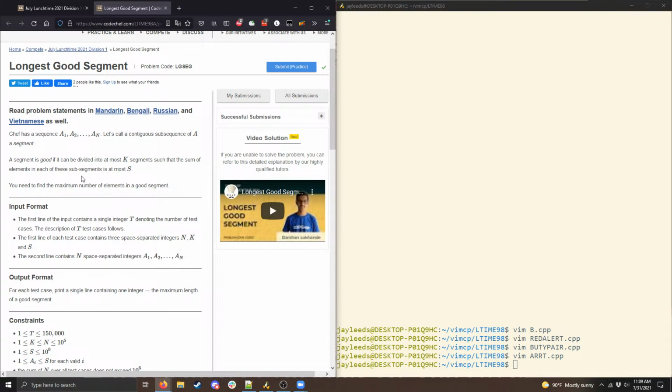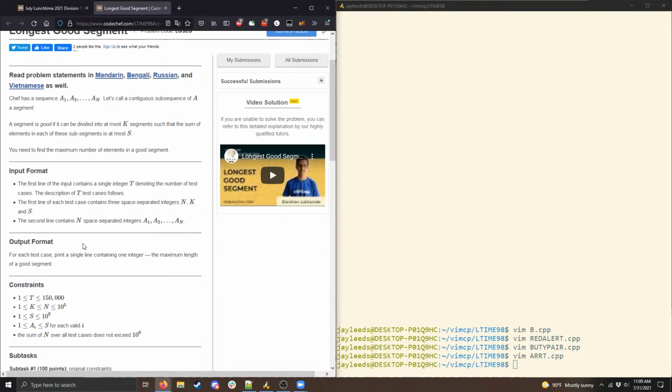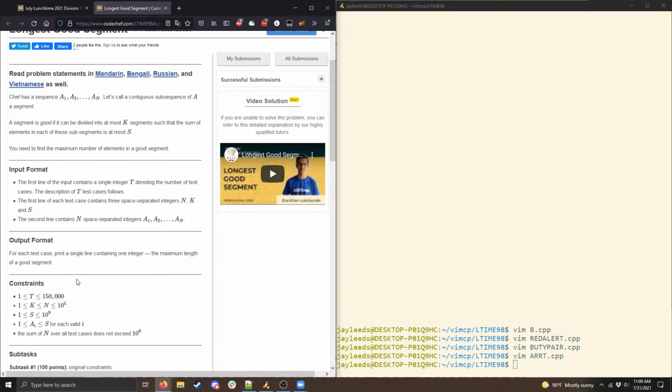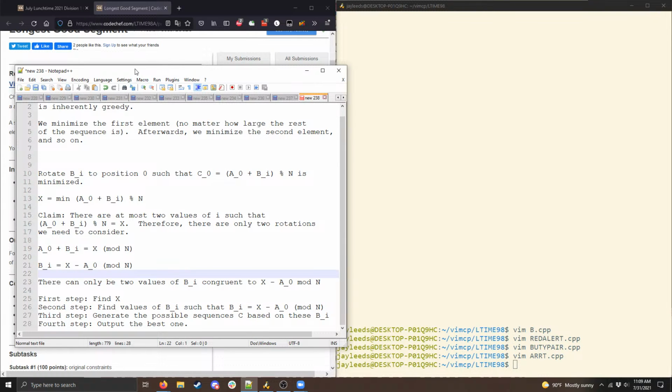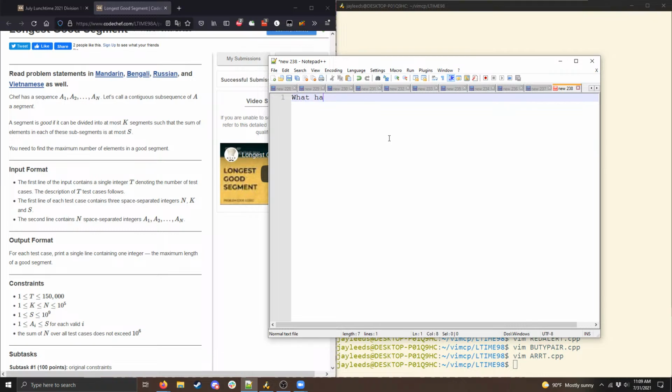So let's start with a little subproblem, and this is where it can be really helpful to look at special cases if the problem initially seems a little bit tricky. So let's think about what happens if k equals 1, or alternatively, suppose we want to build a good segment starting at position i.